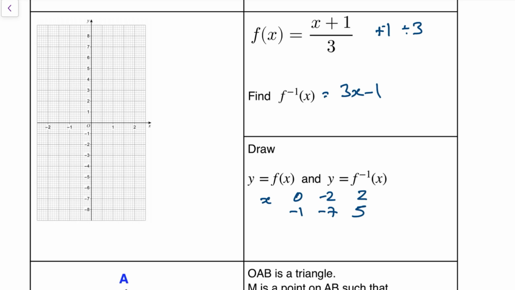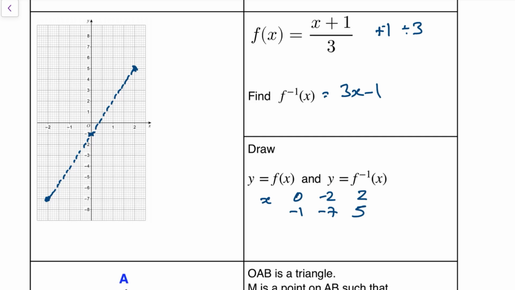So if I plot, remember I'm doing f minus 1 of x first. So minus 2 goes to minus 7, which is down here. 0 goes to minus 1, which is here. And this should be a straight line, or I've made an error. And 2 goes to 5, which is up here. Now, in an exam, I haven't got one here, get a calculator out and do this properly. So I'm going to draw my line, which looks something like this.